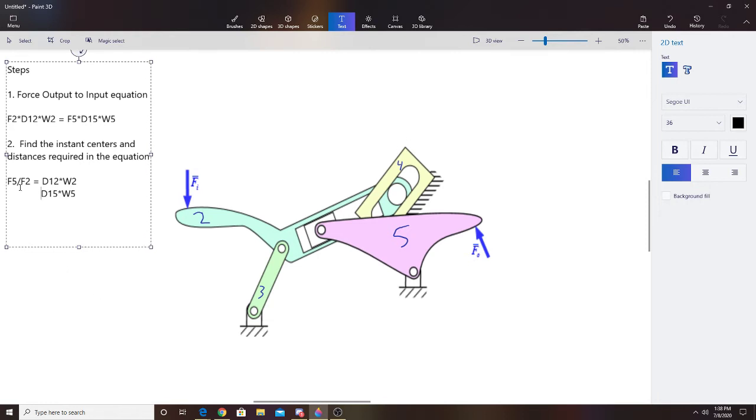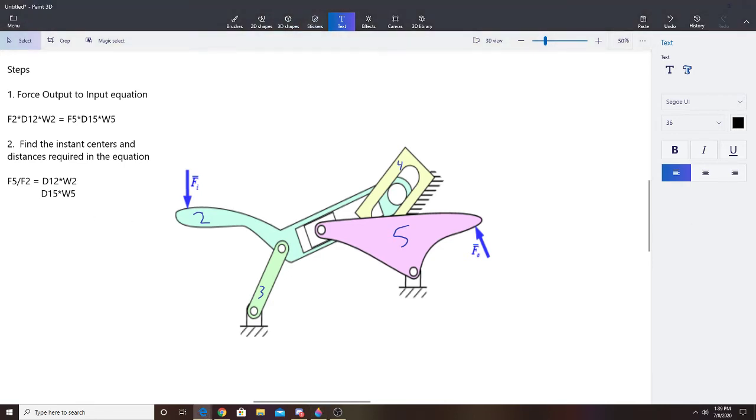This is mechanical advantage, as you remember. F5 over F2 is mechanical advantage. So we need to find these two quantities, D12 and D15. That is our first goal. So D12 and D15. Anybody want to take a shot at how we're going to do this?